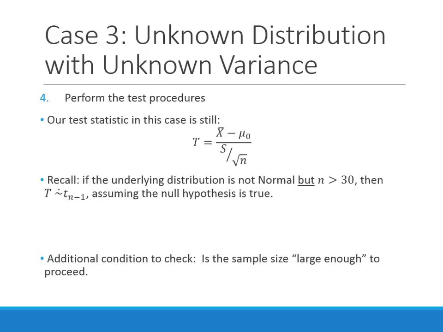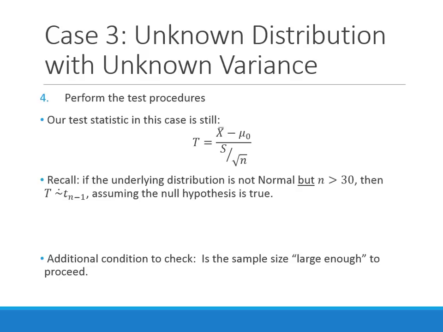So then, as the question Jamie just asked, if the underlying distribution is not normal but our sample size is large enough, then this statistic will approximately have the t distribution that we looked at in the previous case when I had a normal distribution and unknown variance. So even if my underlying distribution is not normal, or if I don't know what it is, as long as my sample size is big enough, then I'm okay here.